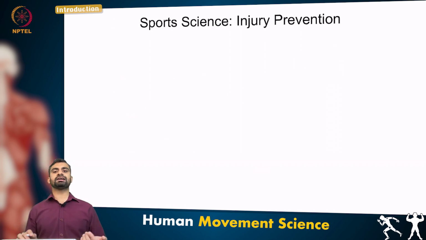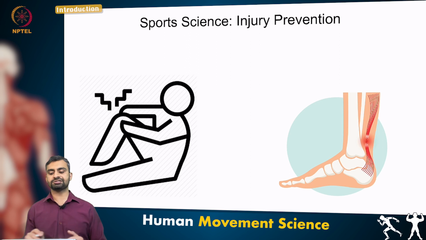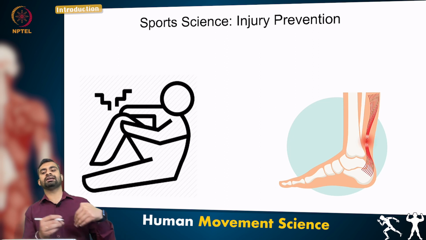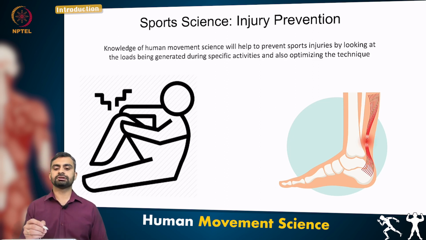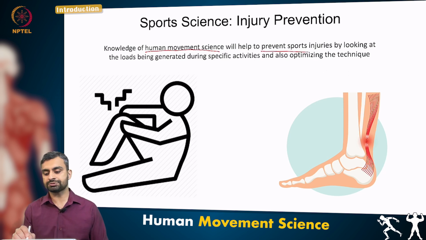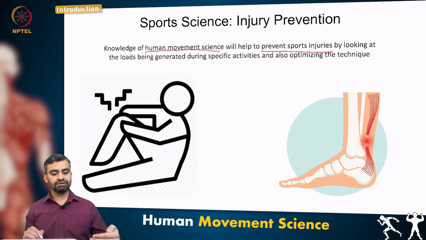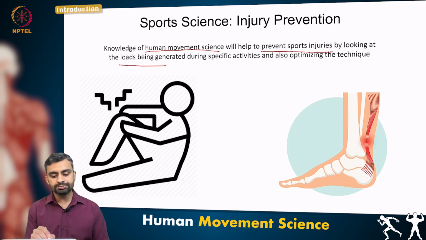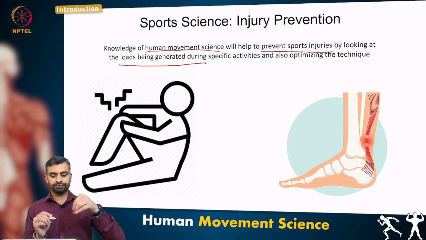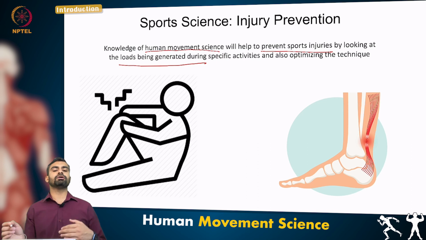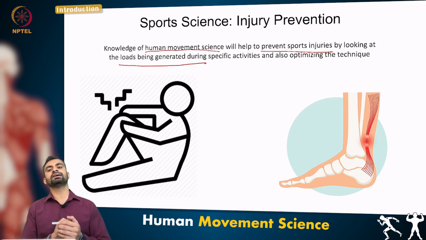It also has application in injury prevention, particularly in sports science, because we see a lot of injuries happening to athletes during training or in the game itself. This knowledge of human movement science will help us prevent sports injuries. How it will help is by looking at the loads being generated during those specific activities, and also in optimizing the technique.